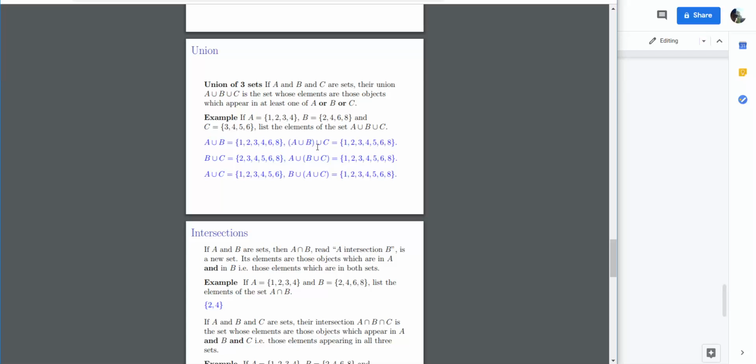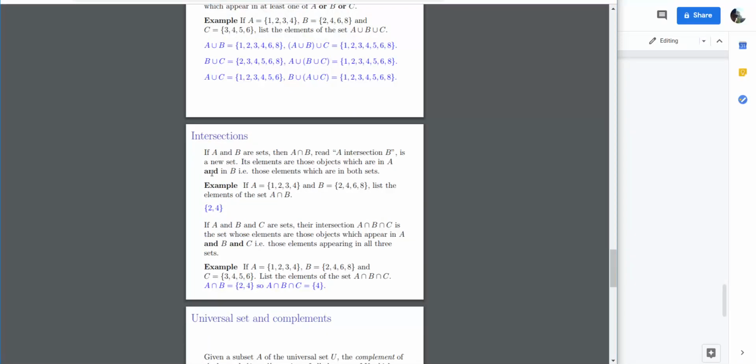So A union B union C is the same as A union B union C, the same as B union A union C. So changing the sets about doesn't change the result. This is a reliable rule, no matter what set you choose. Assuming it's the same number of elements regardless of the order, the result would always be the same.